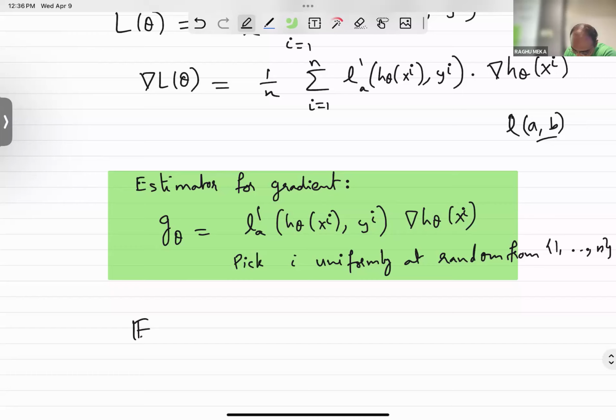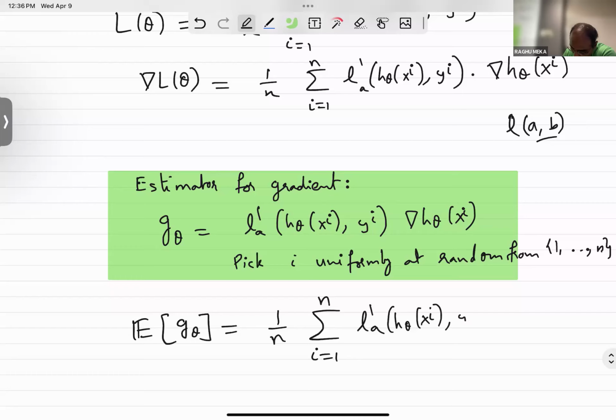It's not hard to calculate that if I look at the expected value here, this is exactly going to be 1/n times the sum, which is the full gradient. So this is an estimator that works for any ERM problem.